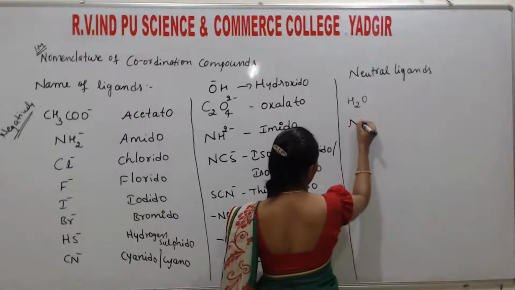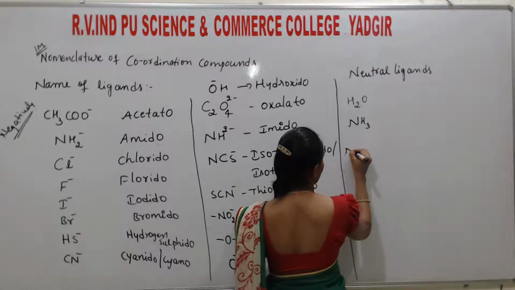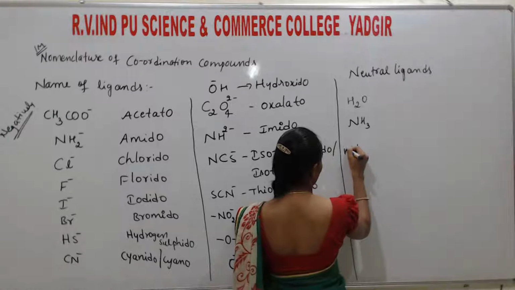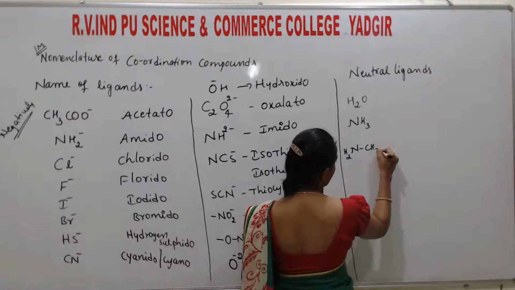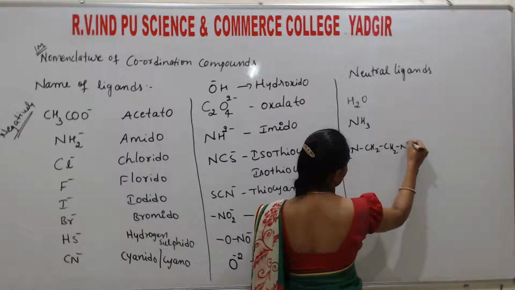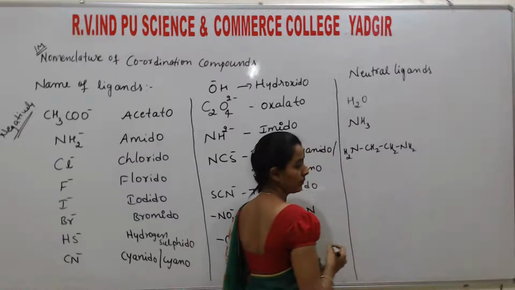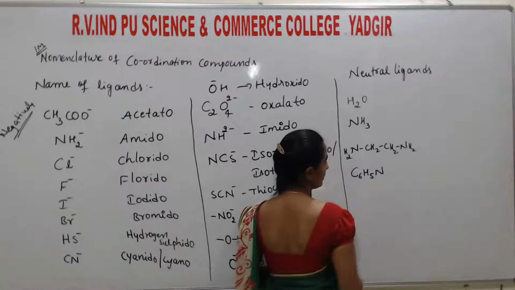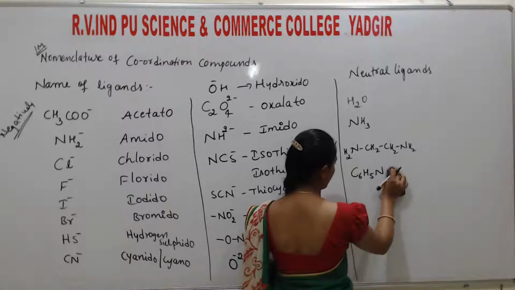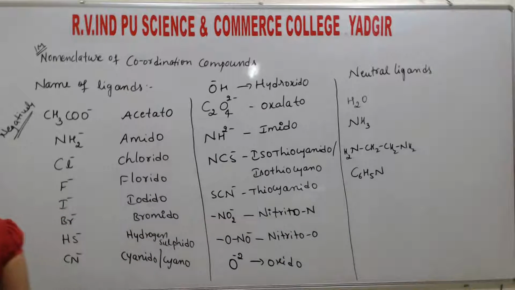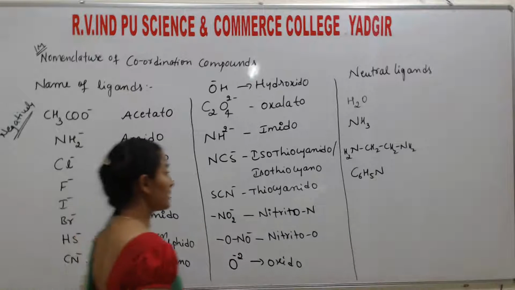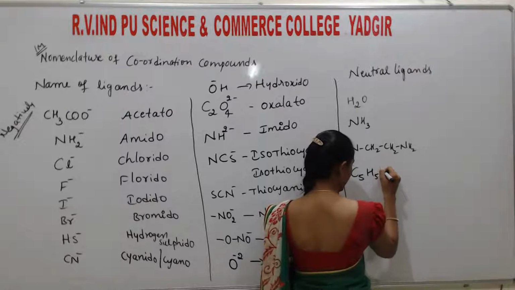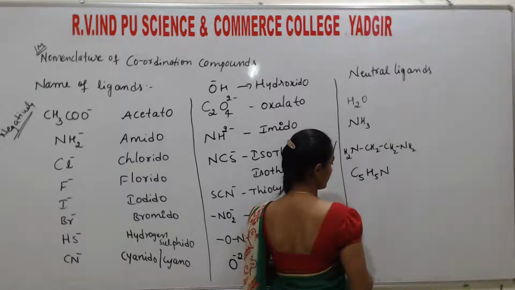NH3 is there. NH2CH2CH2NH2 is there. C5H5N is there.